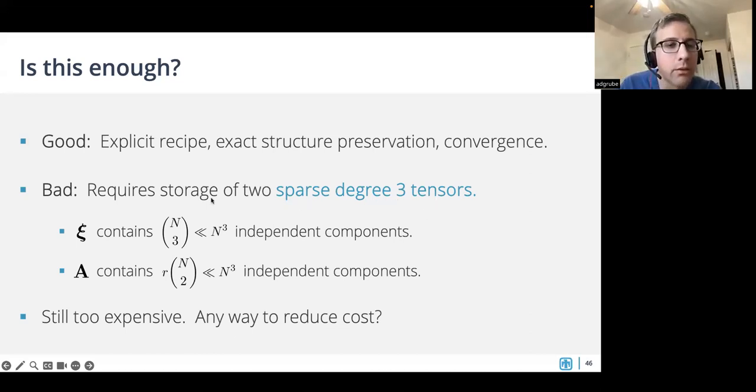In particular, the Xi tensor has n choose 3 independent components, and the A tensor has R times n choose 2 independent components, which is still more than storing a reduced matrix. So it makes us think, are there ways to make this better?